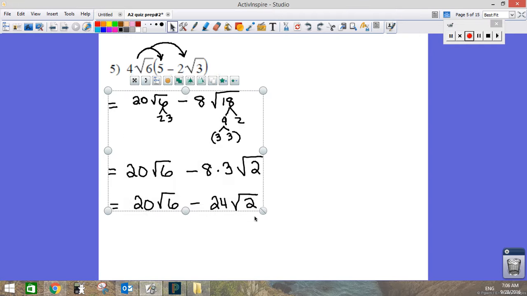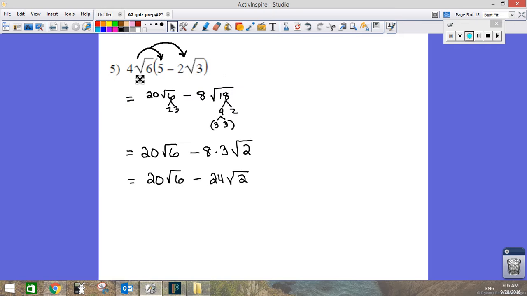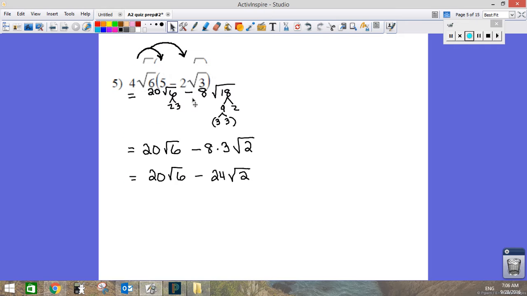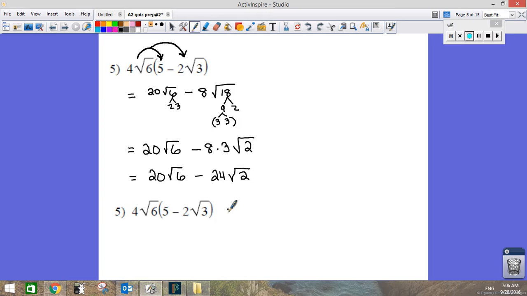We can check our answer on a calculator, as we've done with the previous problems. We can compare their decimal approximations. So that's my final answer, but let's check that answer.